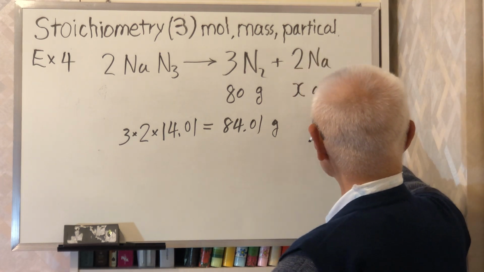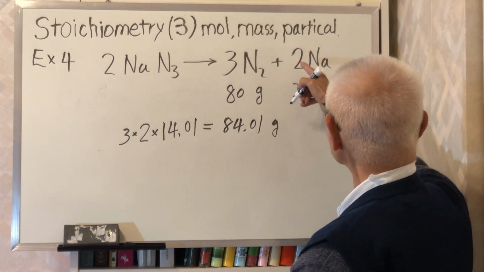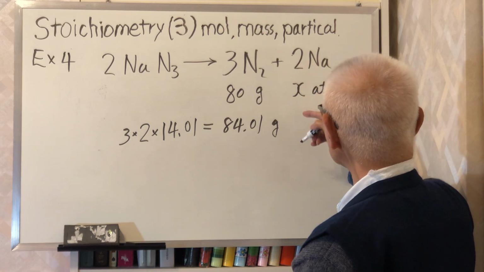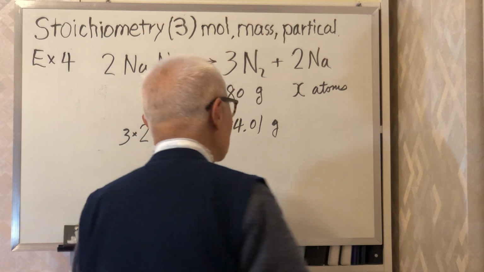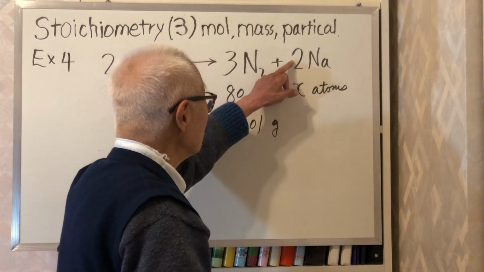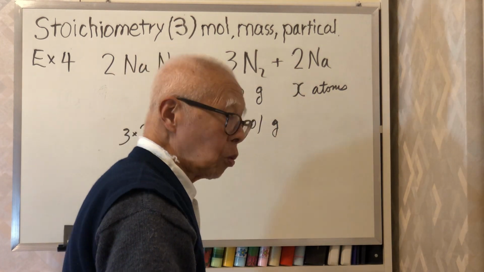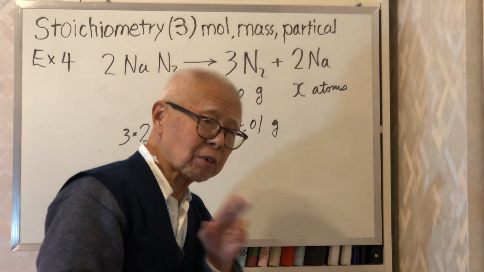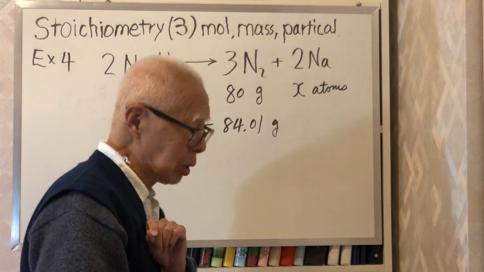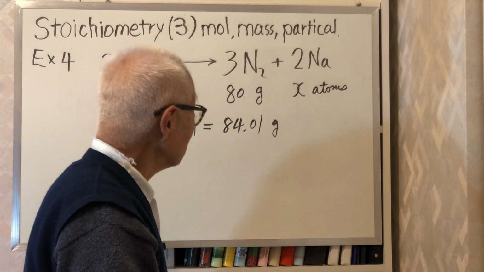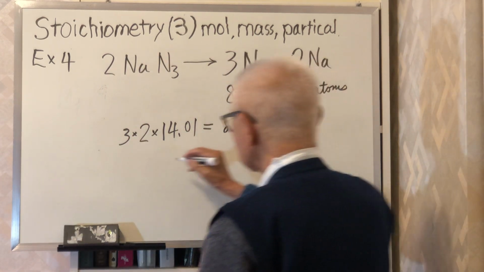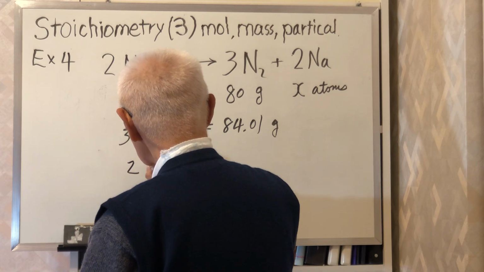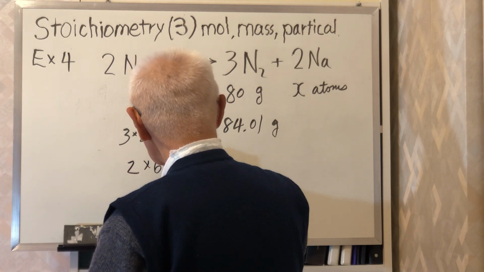And how many atoms are here? I have 2 here now. This 2 means 2 moles. 1 mole contains Avogadro's number of particles. But I have 2 moles. So how many particles are there? It's 2 times the Avogadro's number.